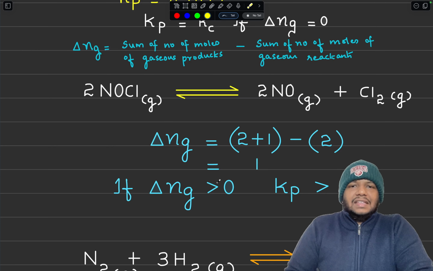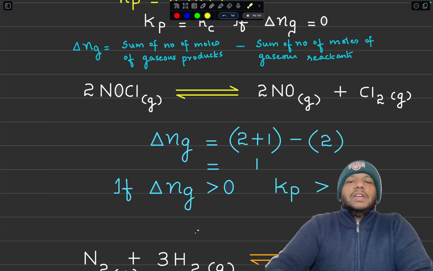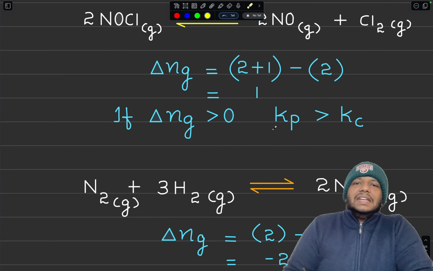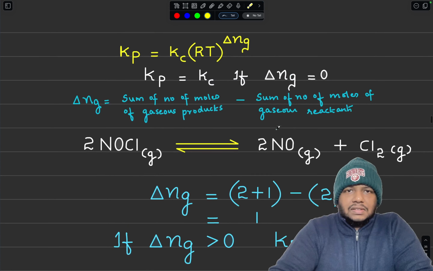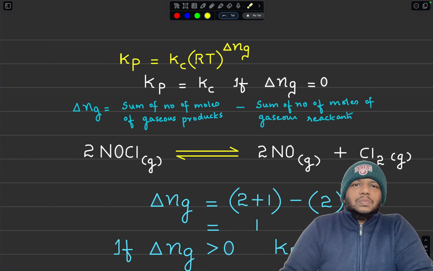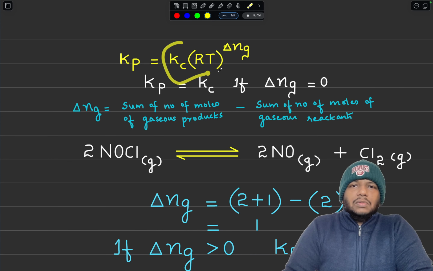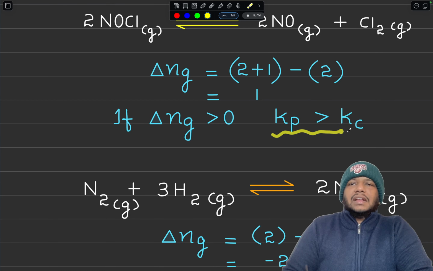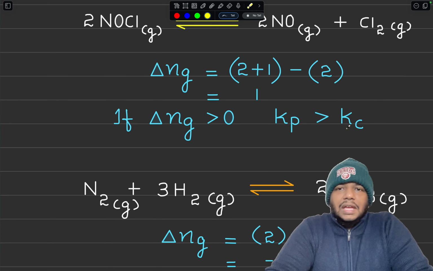So delta Ng is 1, or its value is greater than 0. Whenever delta Ng is positive, the whole term would have a positive value in the numerator. So in that case Kp would be greater than Kc.